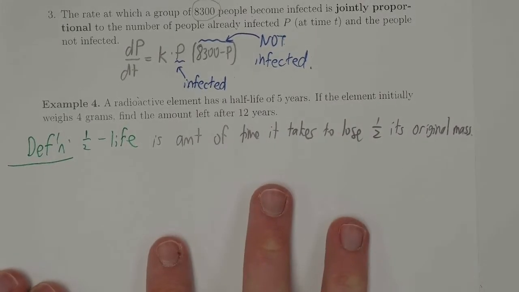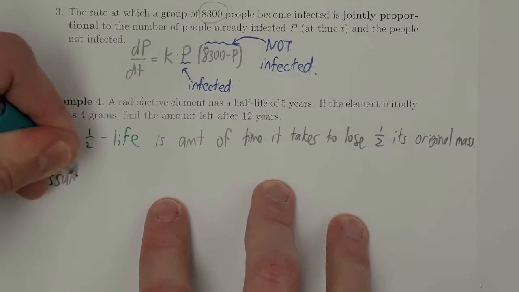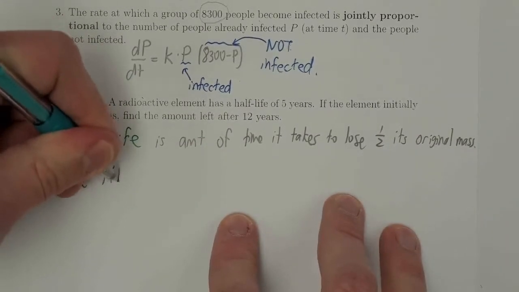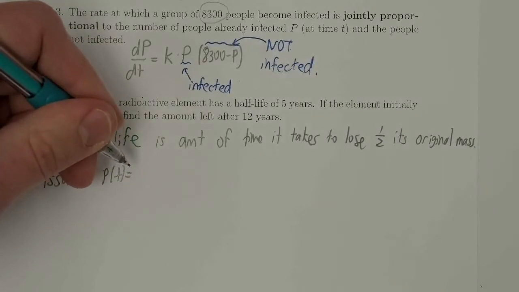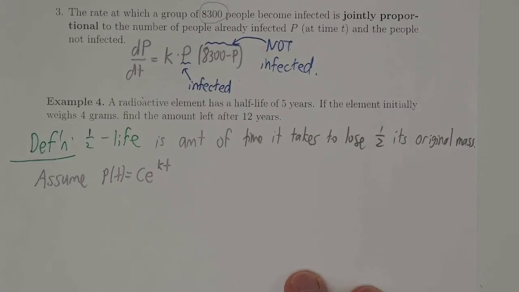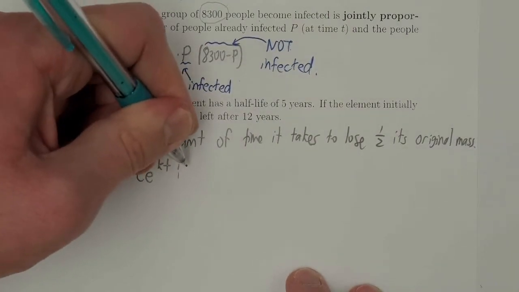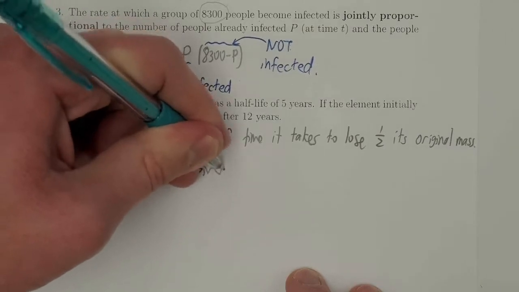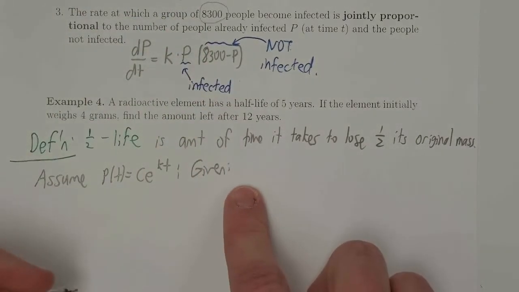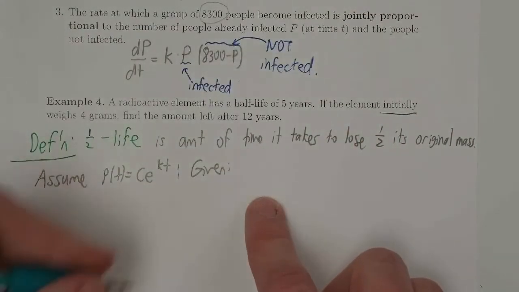In these types of problems, assume P of t equals c times e to the kt. Further, we're also given that the element initially weighs 4 grams.